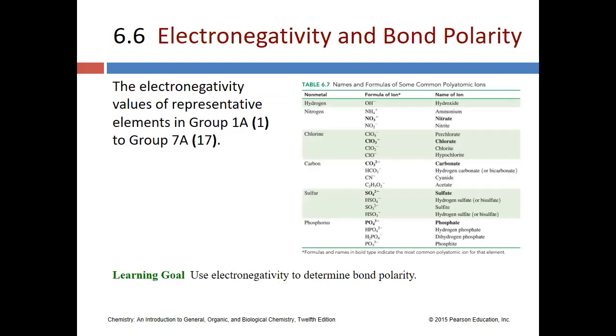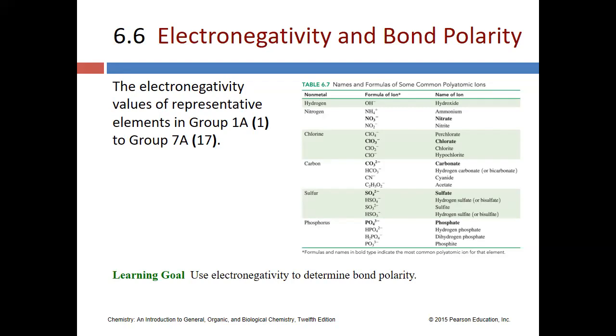All right, so where we go from here, the last few pieces of this chapter have a lot to do with looking at things from a molecule standpoint. And so what we are going to start looking at is the idea of what goes on inside of those bonds.